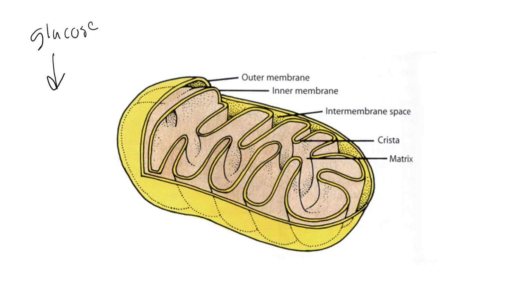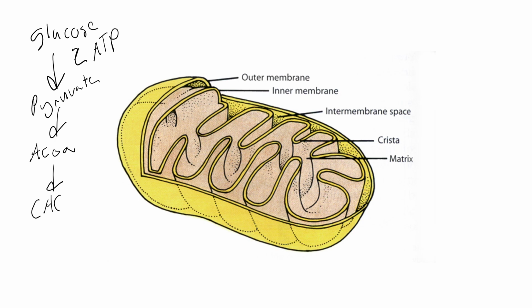So if we think of that glucose molecule that we broke down through glycolysis, we got a net gain of 2 ATP. If we take pyruvate, then we shuttle it into the mitochondria, we turn it into acetyl-CoA, and then we run acetyl-CoA through ultimately the citric acid cycle, we only gain another 2 ATP for each round of the citric acid cycle.